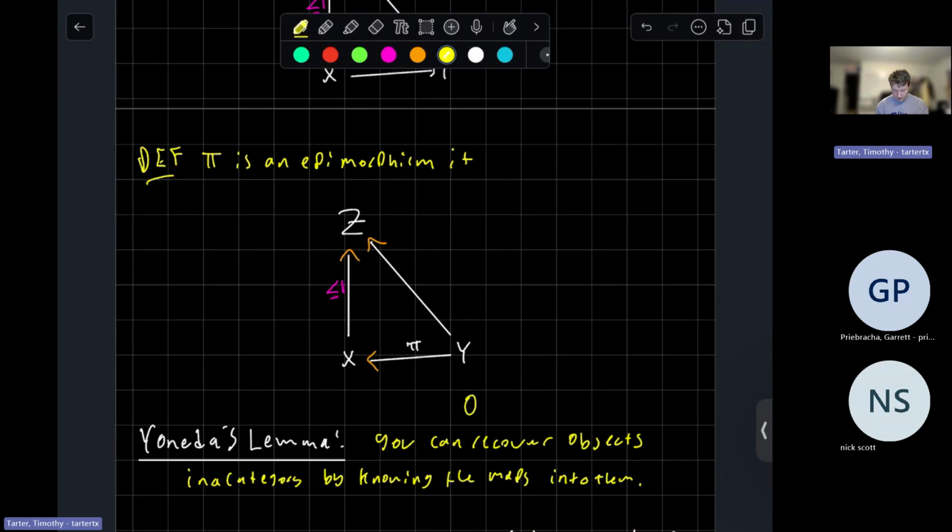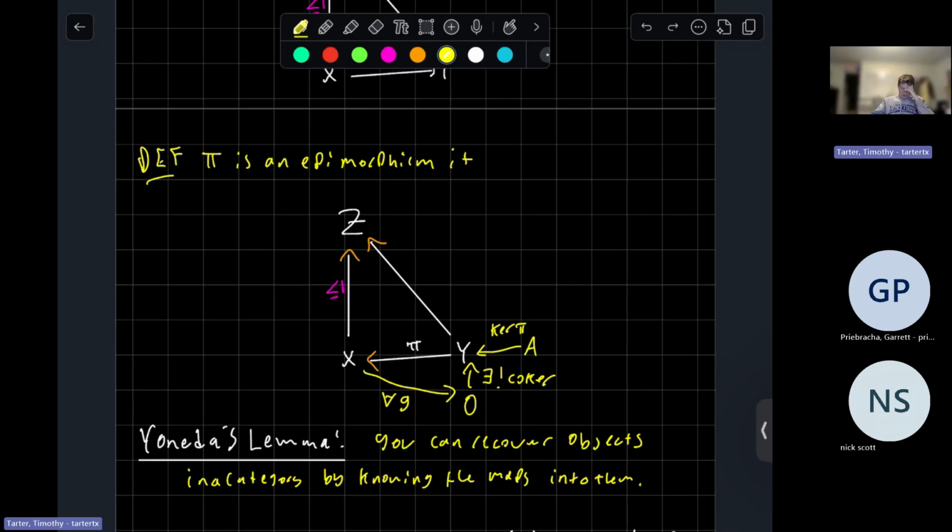So if we have 0 going like this, and its kernel lives in here, ker pi, and then this is the co-kernel of its kernel.